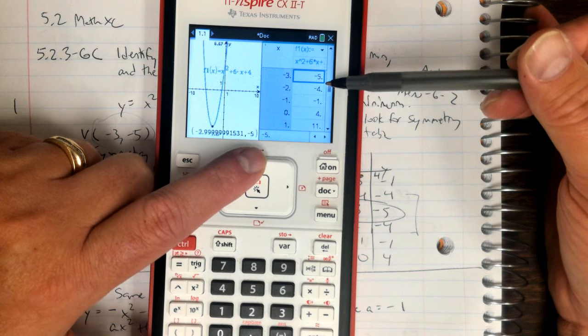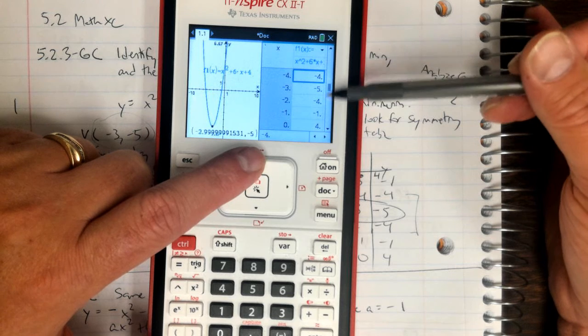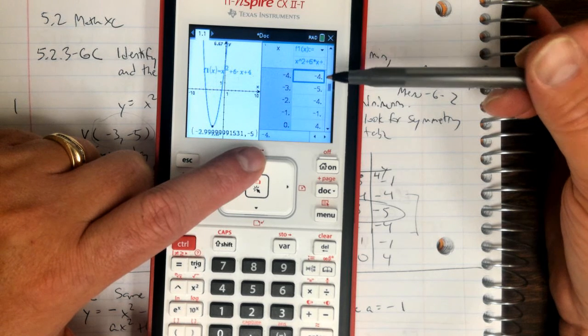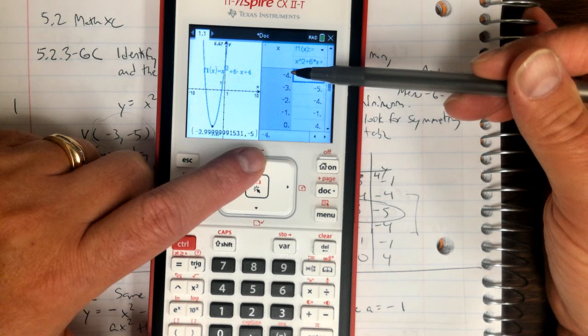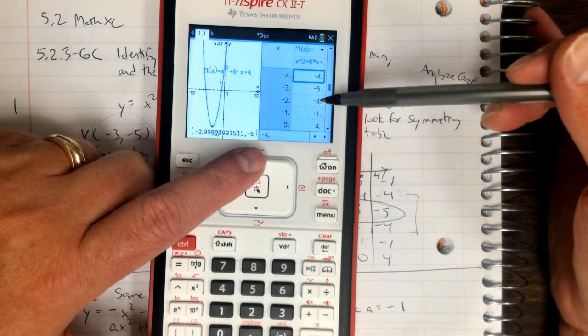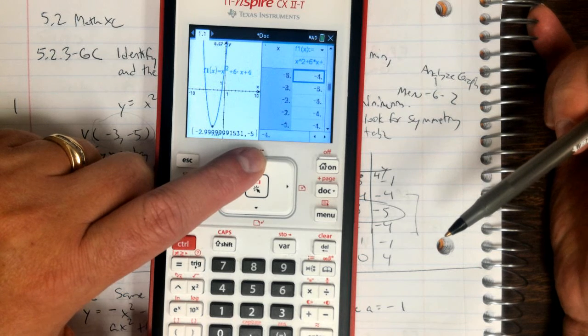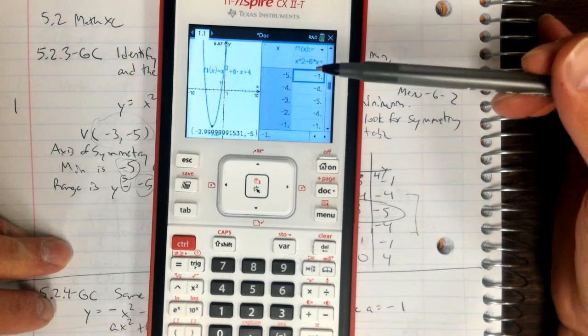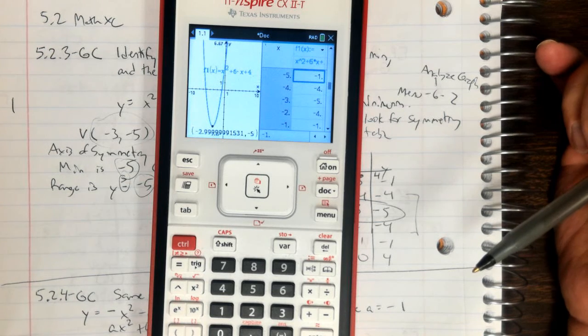It's still getting lower and lower. But now I finally see a match to the -4. That means x equals -2 and x equals -4 are symmetric, and the -3, -5 is the vertex. If I go up one more, the -1s match, and so the -5 and -1 line up.